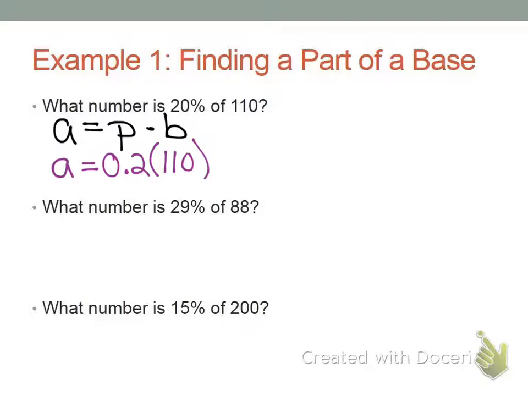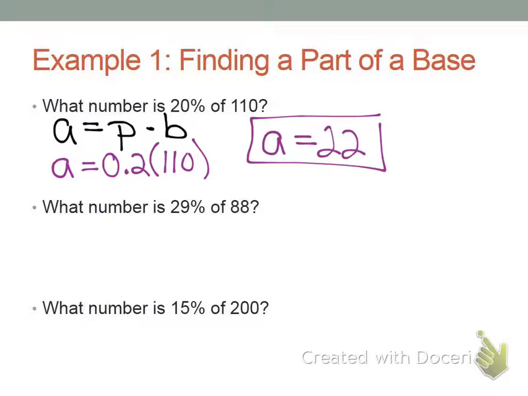And then my A. I know that 110 is my B because that's my of value. And I know I plug in that number for B when I see the of. All right, and now I just multiply on my calculator. 0.2 times 110. And what do I get? 22.